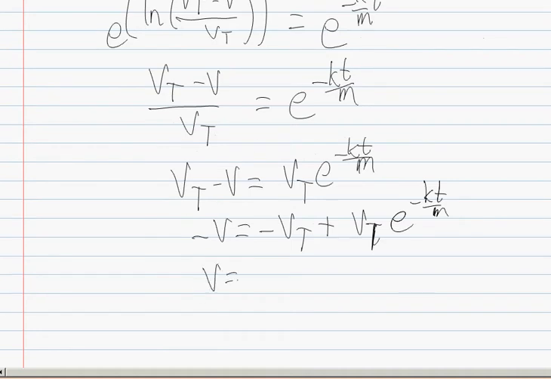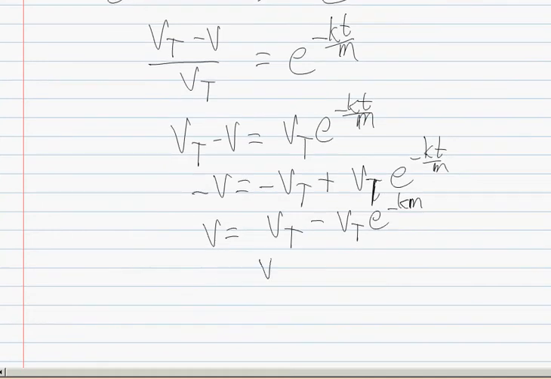I get v equals vt minus vt e to the minus kt over m. And I factor out a vt here: vt times 1 minus e to the negative kt over m.